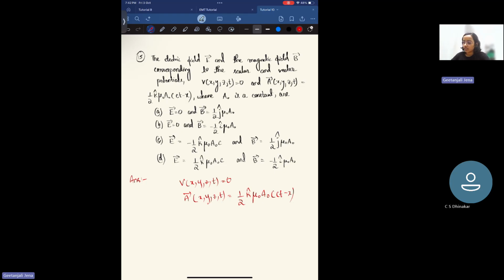These two potentials are given to us. You need to find out the electric field and magnetic field associated with this scalar and vector potential. A0 is a constant.